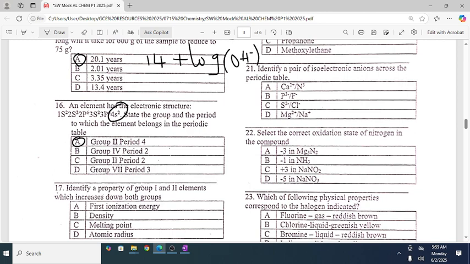Aluminium is group 3. After aluminium is silicon, group 4. Then phosphorus should be group 5. So phosphorus is group 5. Therefore, it needs to have 5 electrons in the outermost shell. But since I'm seeing P3 minus, it means it has lost 3 of the electrons, so it's now left with 2 electrons in the outermost shell.